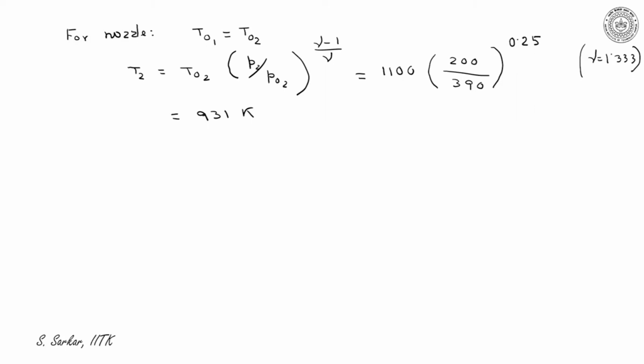Now I can write T02, total temperature at the exit of the nozzle, minus T2, that is static temperature, is nothing but C2 square divided by twice Cp.